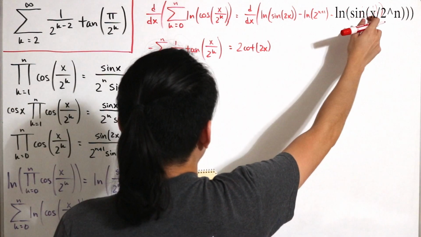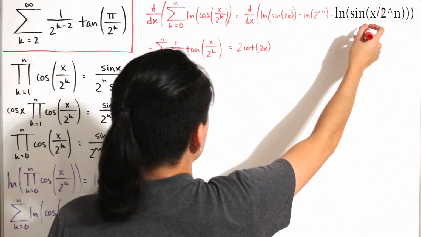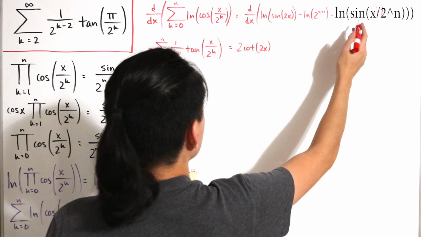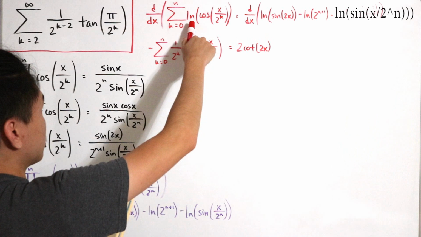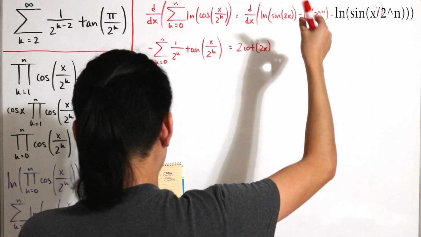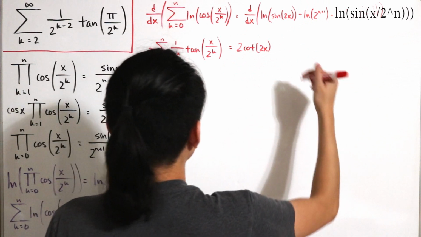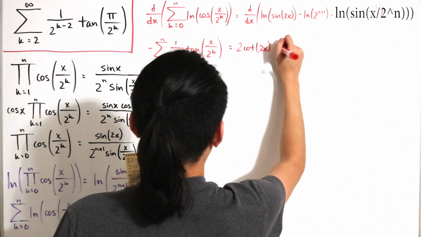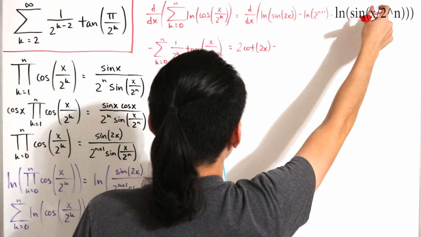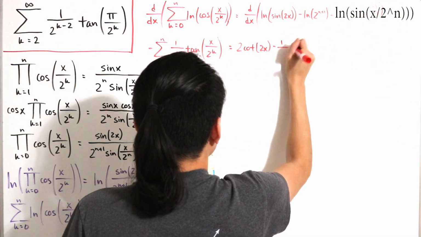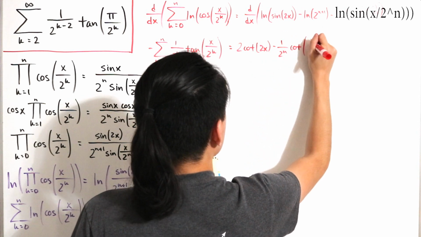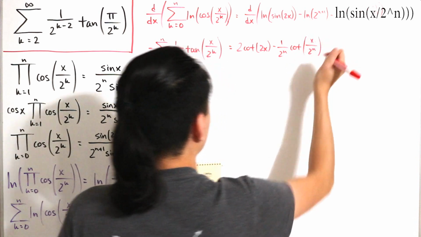Then we have the natural log of sine of x divided by 2 to the power n. Once you do this, it's basically the same thing as what we did over here, except now it just reverses, so now it's a cotangent, but it's still subtraction. So this will be, and then just factor out the derivative of the input, which is 1 over 2 to the power n. 1 divided by 2 to the power n, and then multiplied by cotangent of x divided by 2 to the power n, like so.